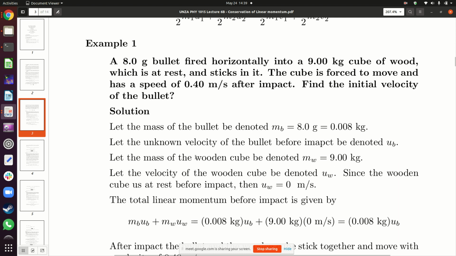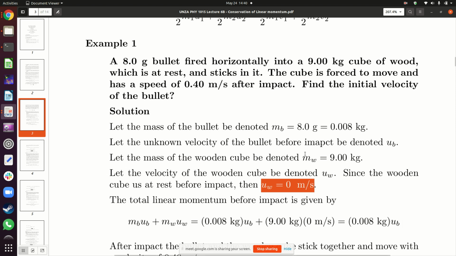The wooden cube, we denote its mass as MW, W for wood, and the mass of the cube is 9 kgs. The velocity of the wooden cube, before the bullet hits it, we denote as UW. Now, the cube was at rest, therefore its velocity is equal to 0 meters per second.